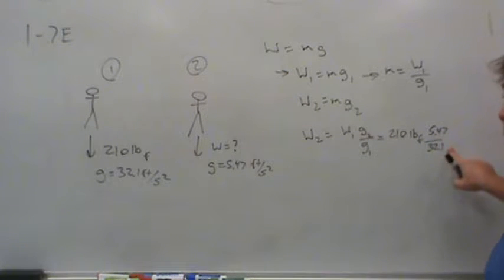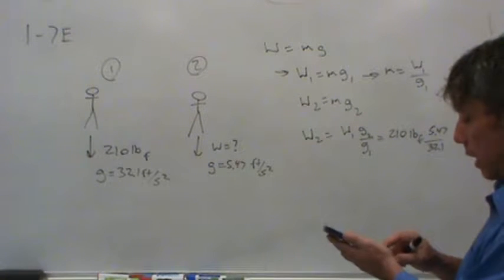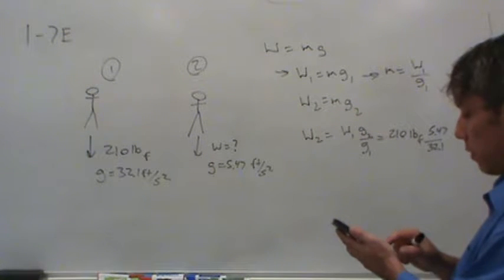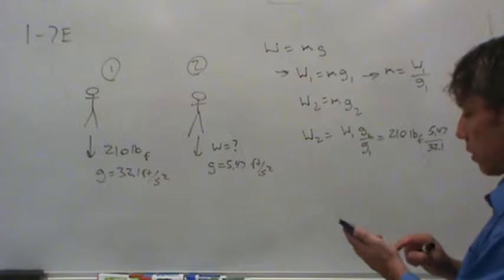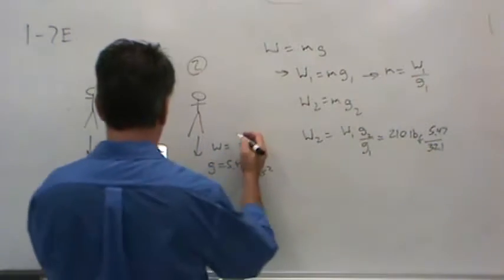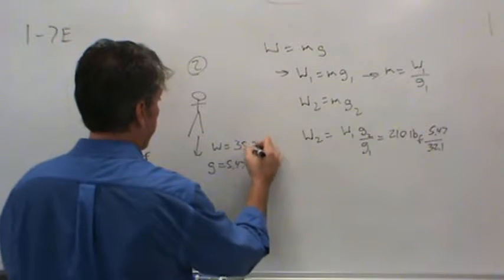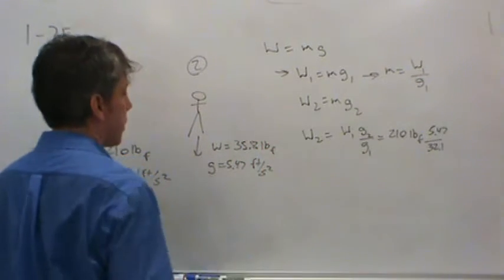I'll drop the units here since they're both feet per second squared. 210 times 5.47 over 32.1 is about 35 point something. Let's round it up. That's about the best we can do.